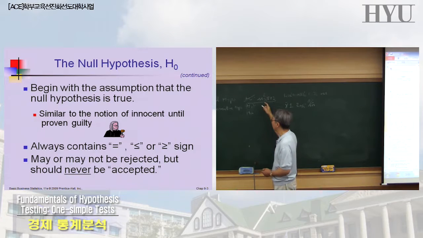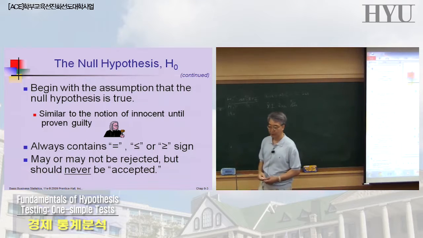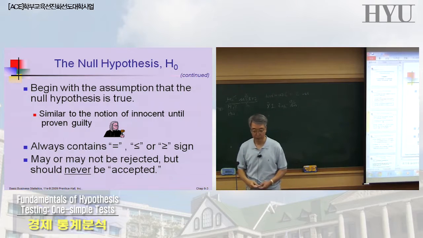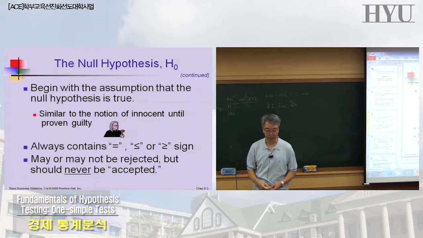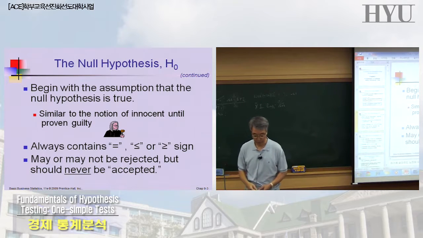In other words, mu is at least a certain number, or less than or equal to, so at most. If these signs contain an equal sign, then that can only go on the null hypothesis. The null hypothesis contains an equal sign. As we go on, you will see what we mean by that.